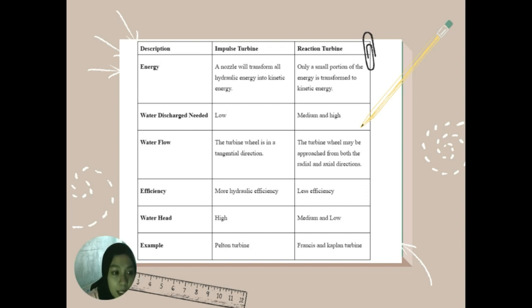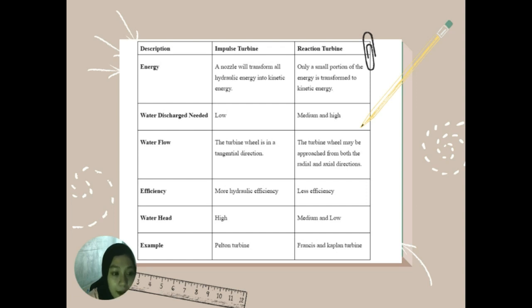For the water discharge needed, the impulse turbine has low water discharge need and the reaction turbine has medium and high water discharge. Also, the impulse turbine is approached in a tangential direction, while the reaction turbine may be approached from both the radial and axial direction.